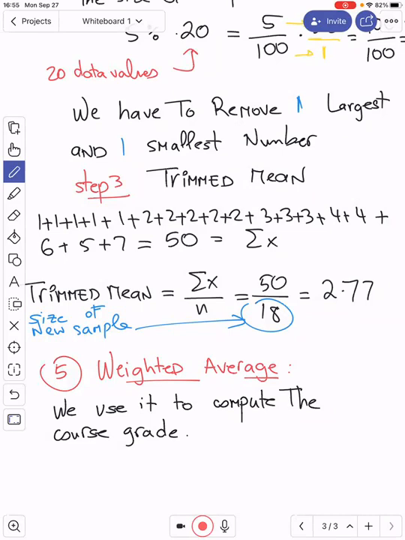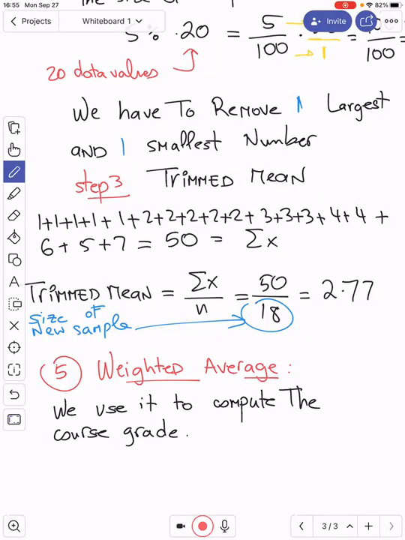So in other words, your score in the final is more important than your grade in the homework, right? Because what we are saying is that your final is more important than your homework in some sense, because it's given a higher weight.